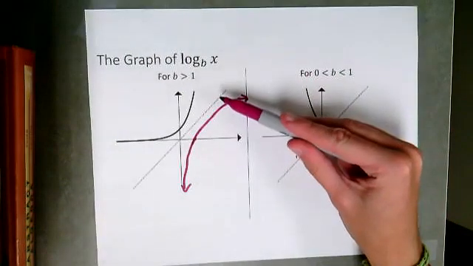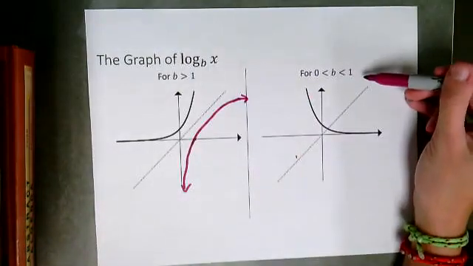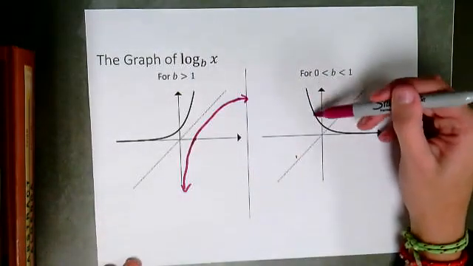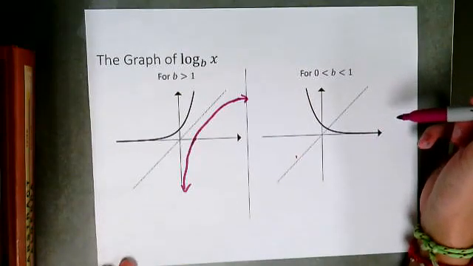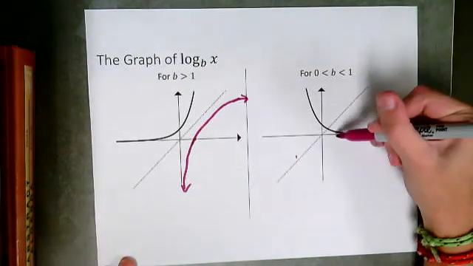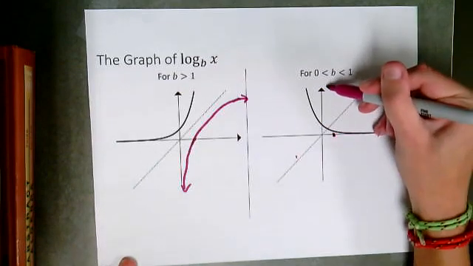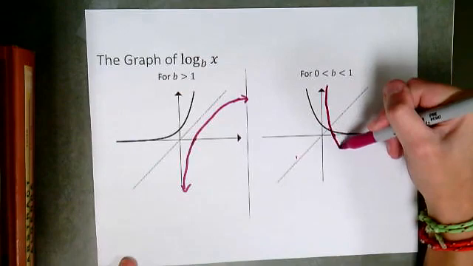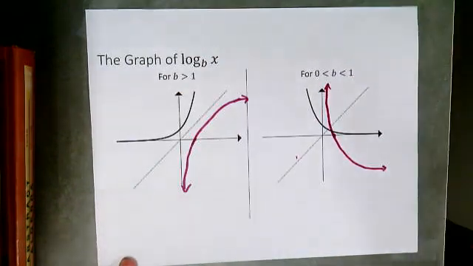Now for b less than 1 and bigger than 0, B is bigger than 1 here, right? This one, when b is a fraction, the exponential function looks like this. It is decreasing. So our logarithm function is going to look something like that, roughly.